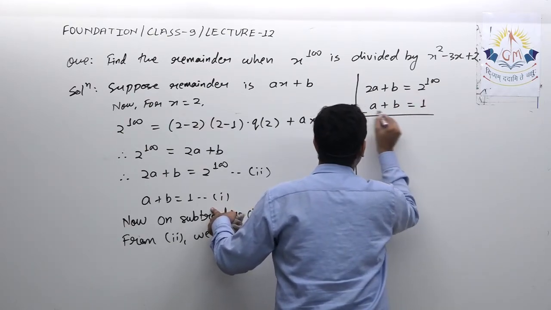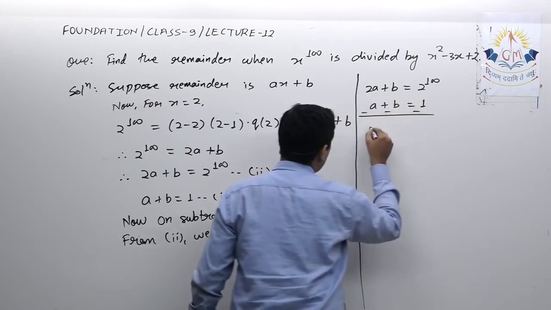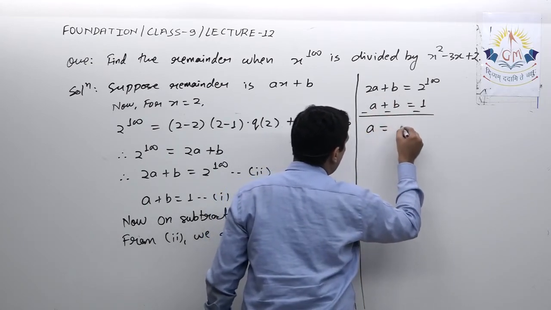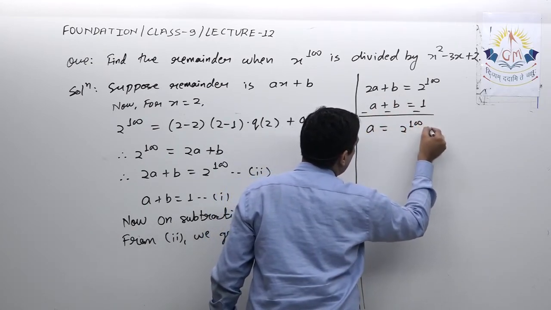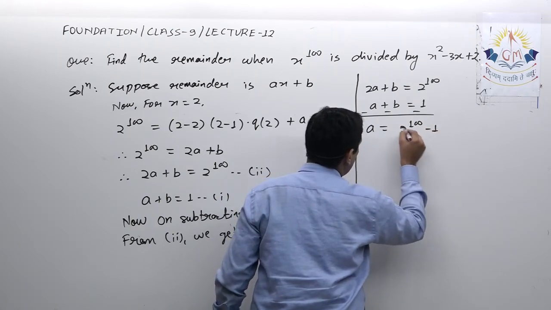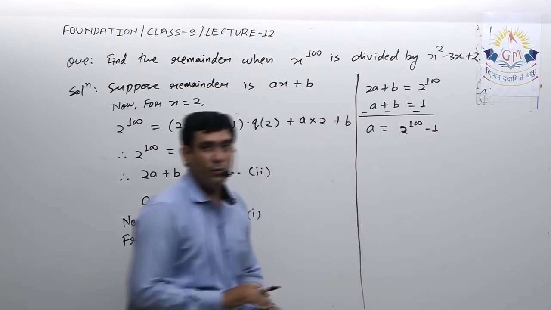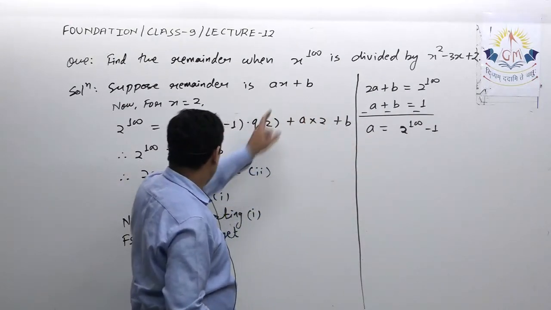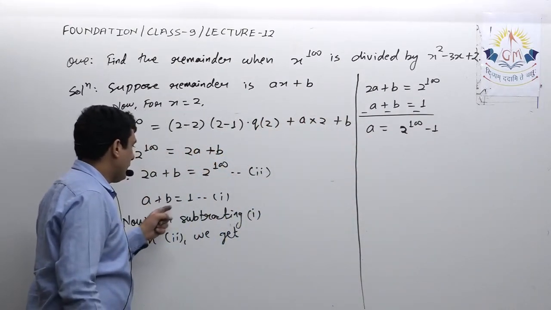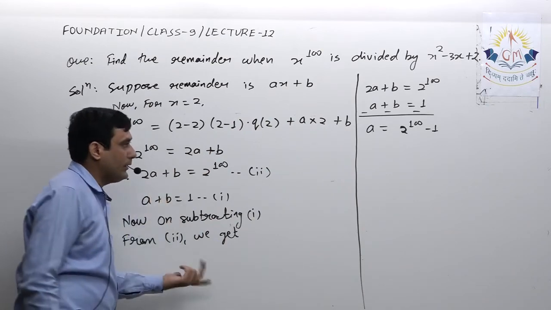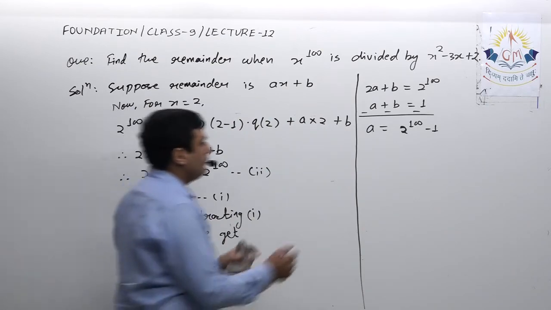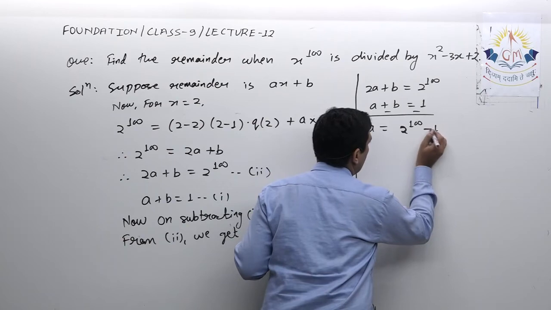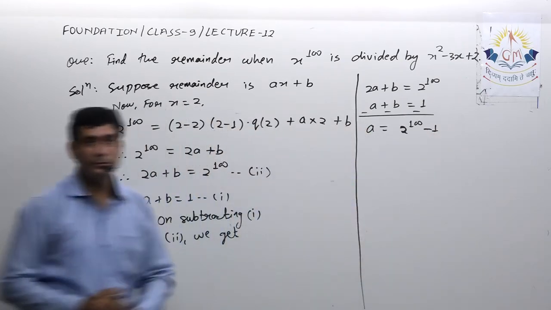So on subtracting I will get 2a minus a, that is a; b and b cancel; 2 raised to 100 minus 1 remains as it is. That is the value of a. Now as I got the value of a, put the value of a in either equation 1 or 2 to get the value of b. So try to get that value and then I will give the further solution.